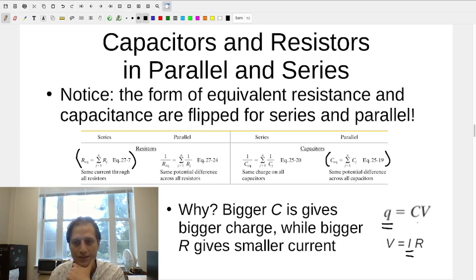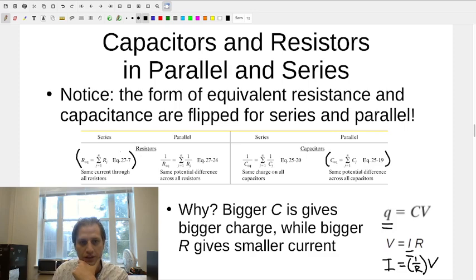In the capacitance equation, Q is the thing that has units of coulomb. In Ohm's law, I is the thing that has units of charge. It has amps, so it's coulombs over seconds. So if we wrote this in a similar way, it would be I equals 1 over R times V.